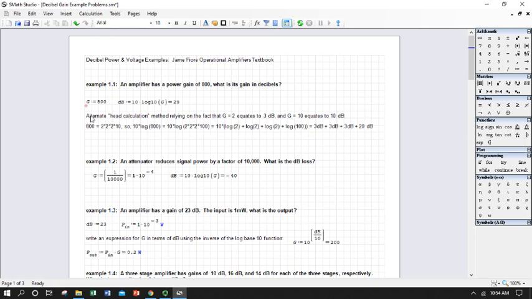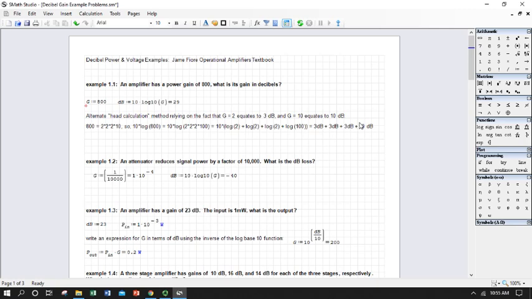Okay, I've added what's called the head calculation method that Mr. Fiore uses. If you are used to expressing things in terms of exponents, you could take that 800 and express it as 2 cubed times 10. Then break up the calculation and use your handy reference of doubling equals 3 dB and a gain of 10 equals 10 dB, and then come up with the 29 using the rules of exponents.